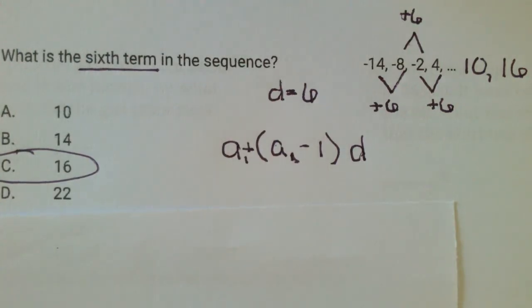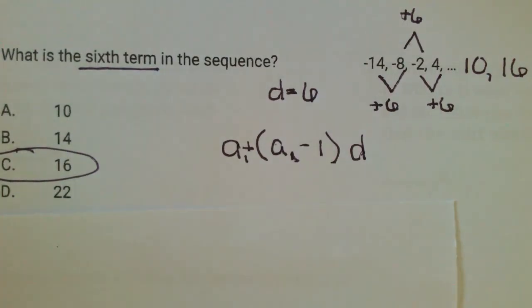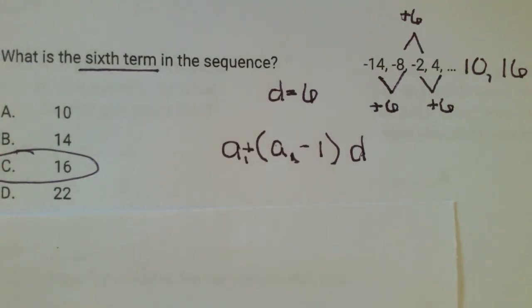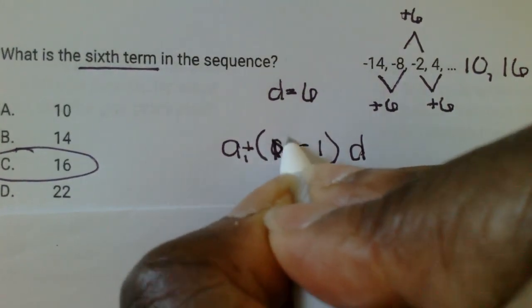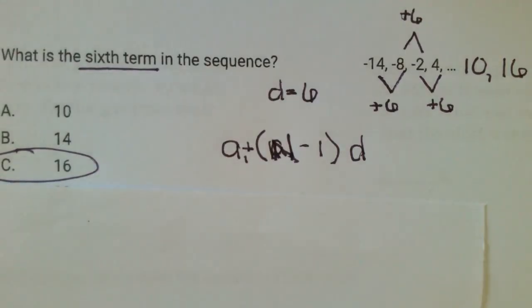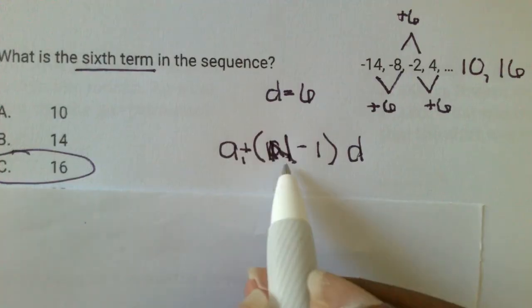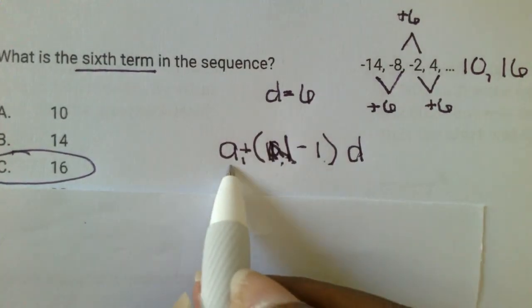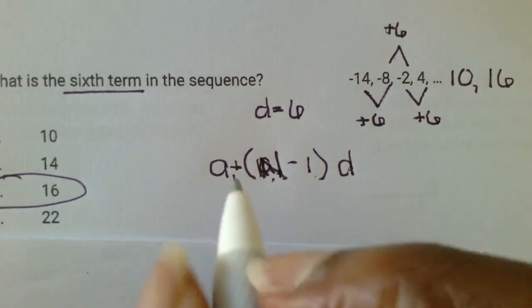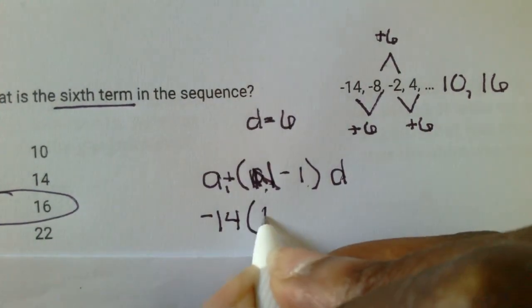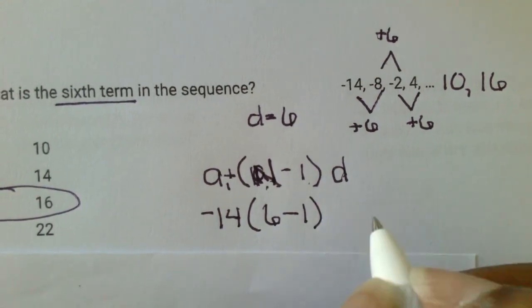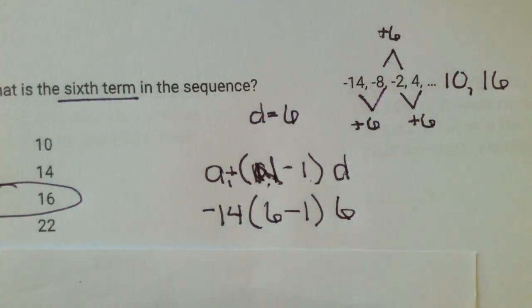Actually, it's n minus 1, so this should be just n, not a. Not too bad, I was close to it. So it's whatever the term is minus 1. The a sub 1 is always the start of the sequence. If it was negative 14, we're trying to get to the 6th term, and we know that the pattern was 6.